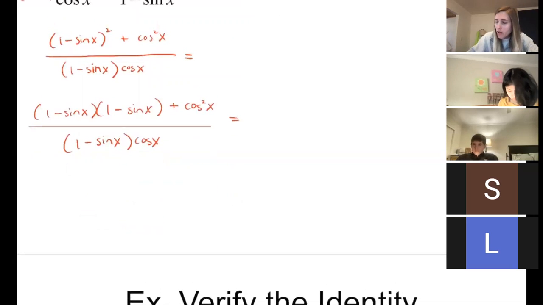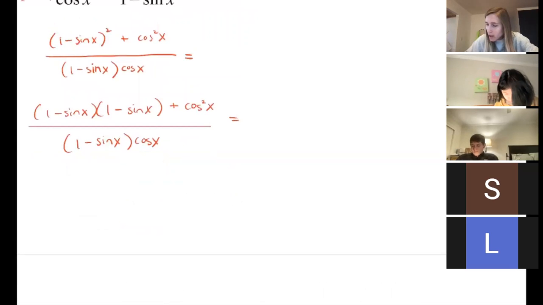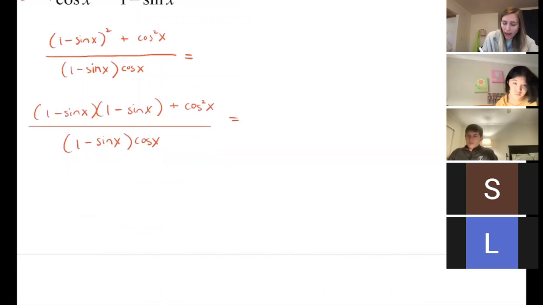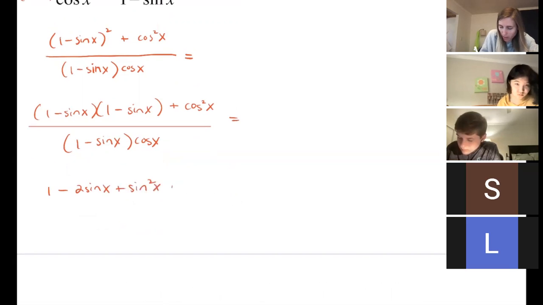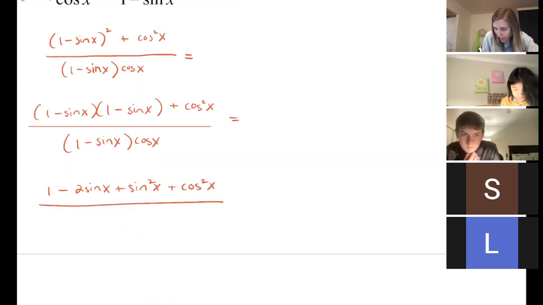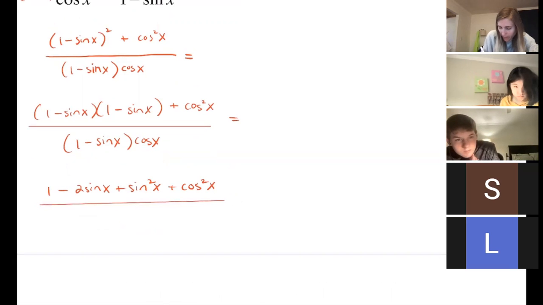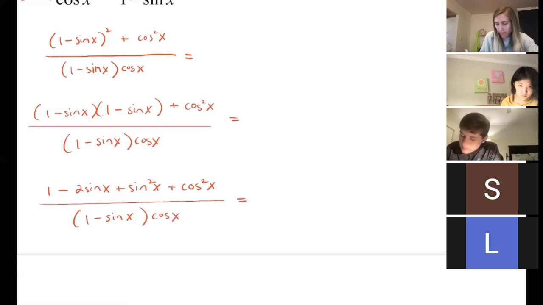When I multiply out that product, I'm going to get 1 minus 2 sine plus sine squared plus cosine squared. Nothing's happened to the denominator yet.